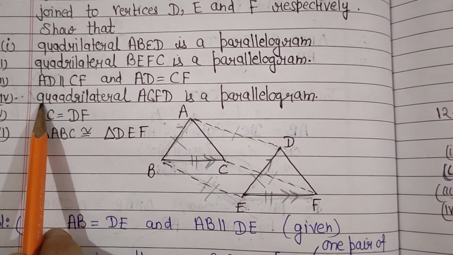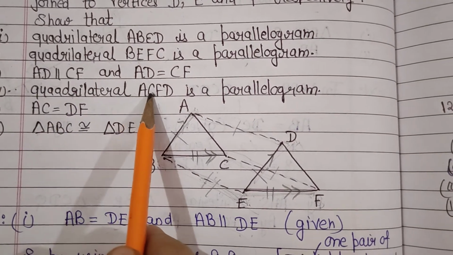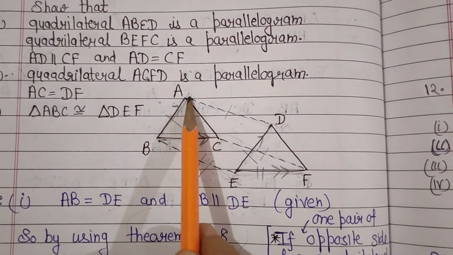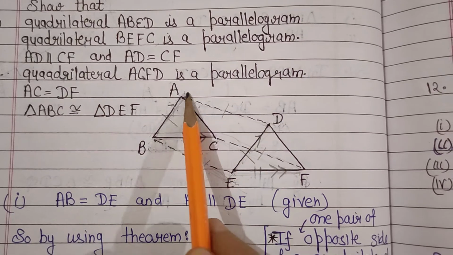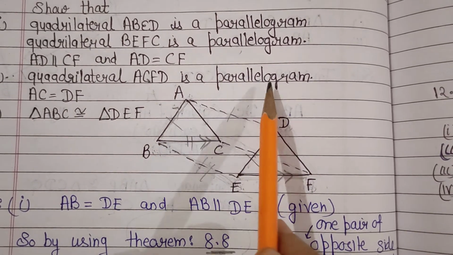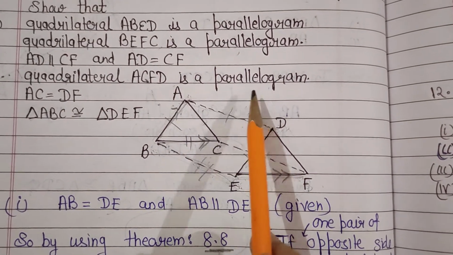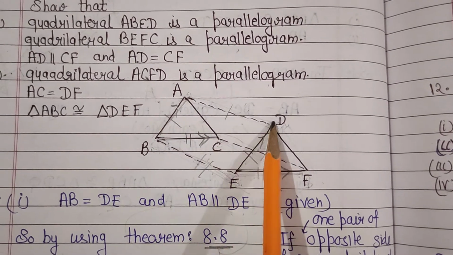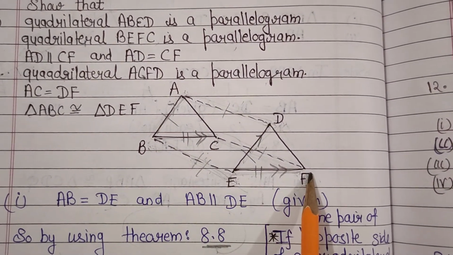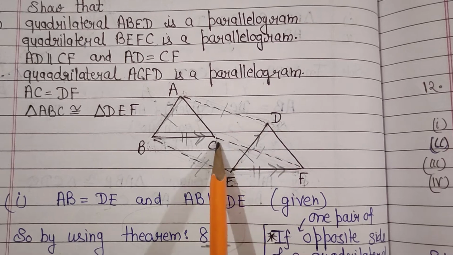For the fourth part, quadrilateral ACFD. We have to show that it is a parallelogram. Now, in the third part, we have shown that AD is equal to CF and AD is parallel to CF.